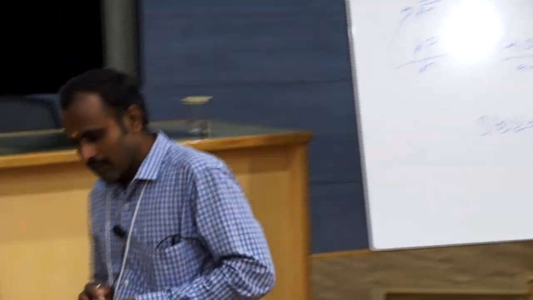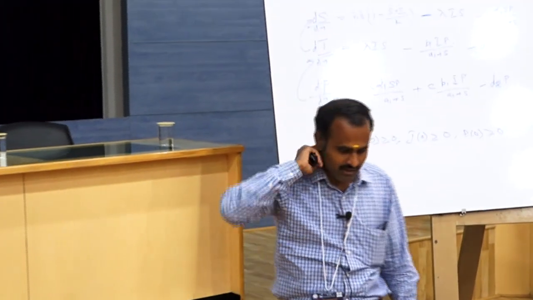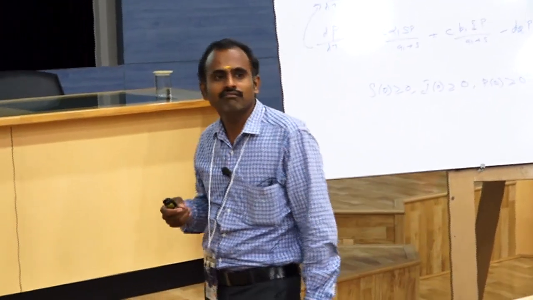Then our model has many parameters with different units, so it is difficult to solve and analyze. For that we apply a non-dimensional time and convert it into a non-dimensional system.